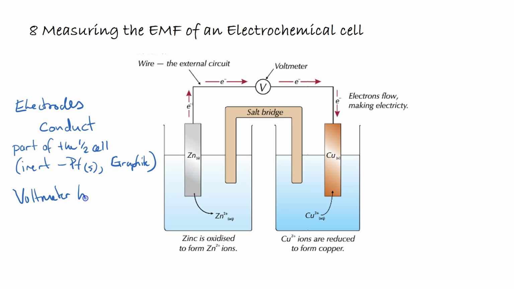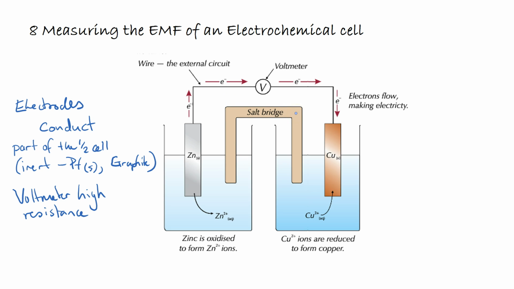To connect the two electrodes together, we need to use a high resistance voltmeter, and we use a high resistance voltmeter in order that current doesn't flow in our circuit and that we get a true electropotential reading.